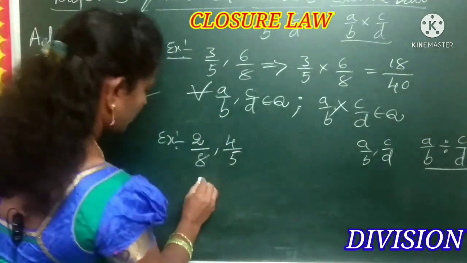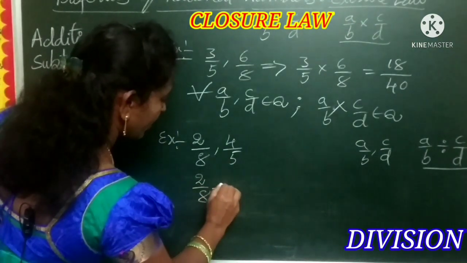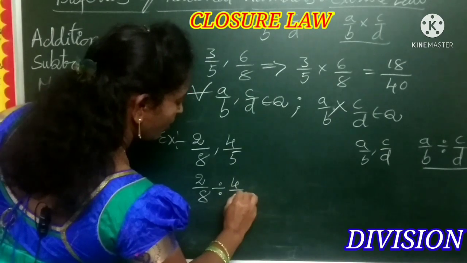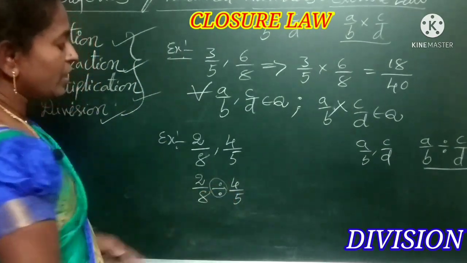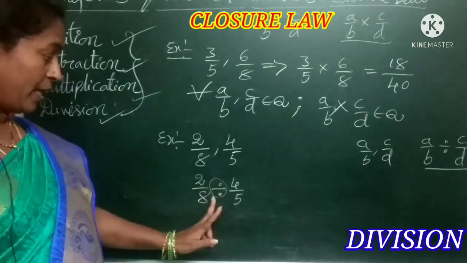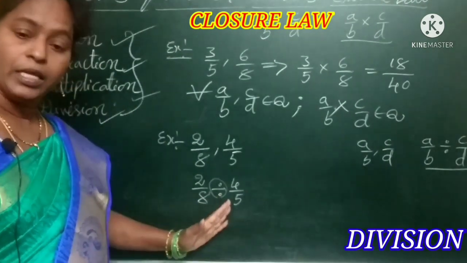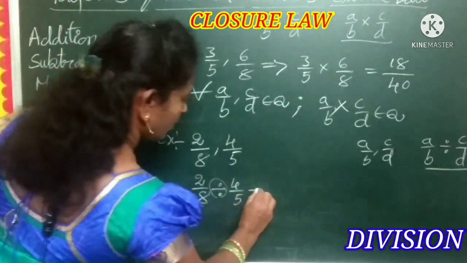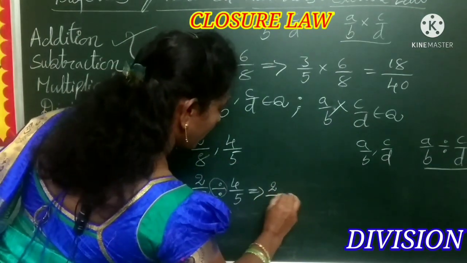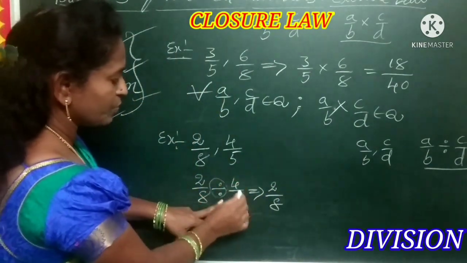What is the condition? 2 by 8 is divided by 4 by 5. Observe here, the division sign is converted into a multiplication sign, and the fraction becomes its reciprocal.